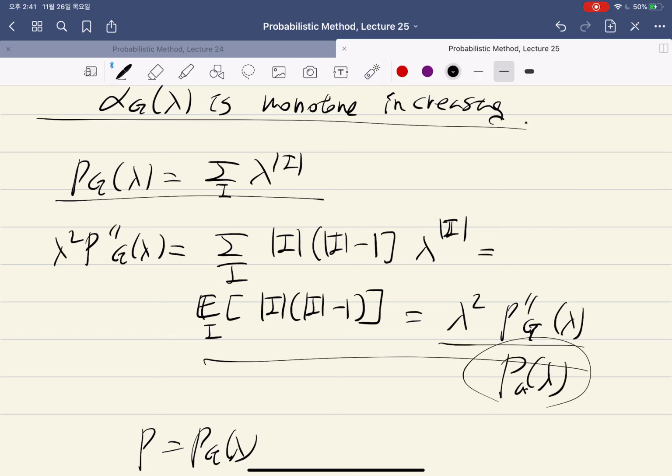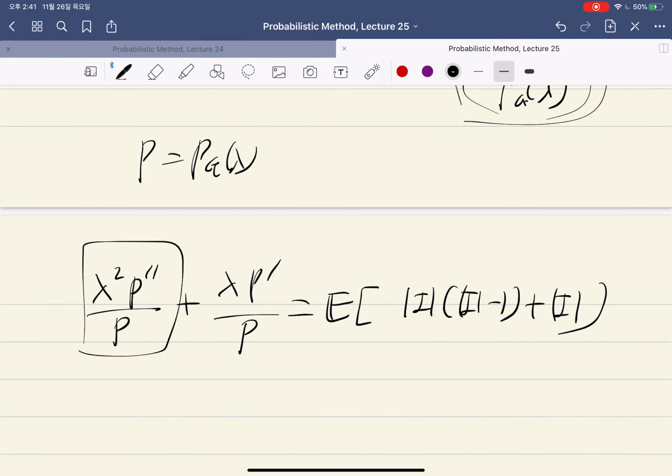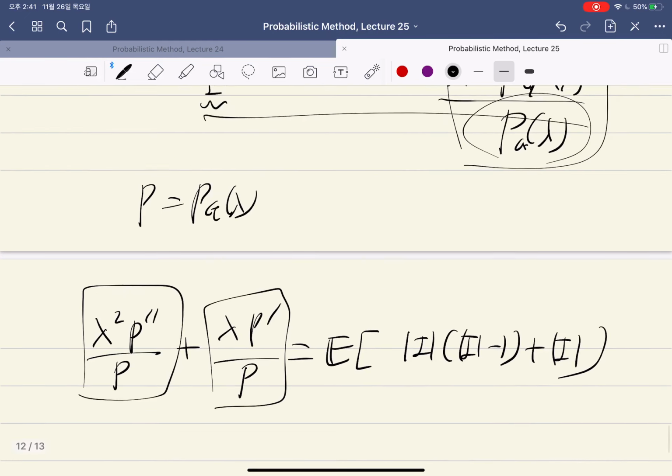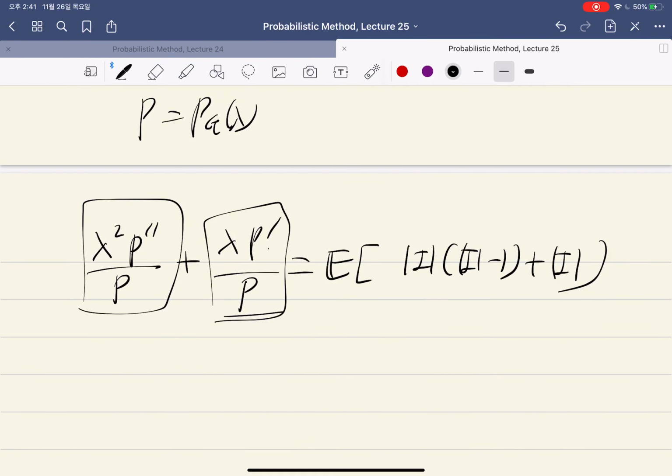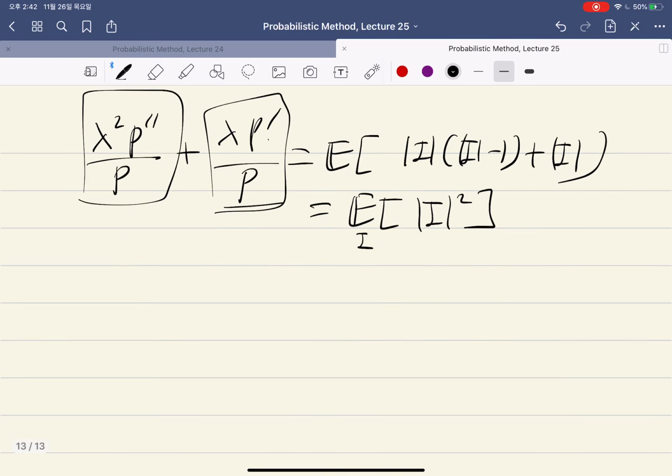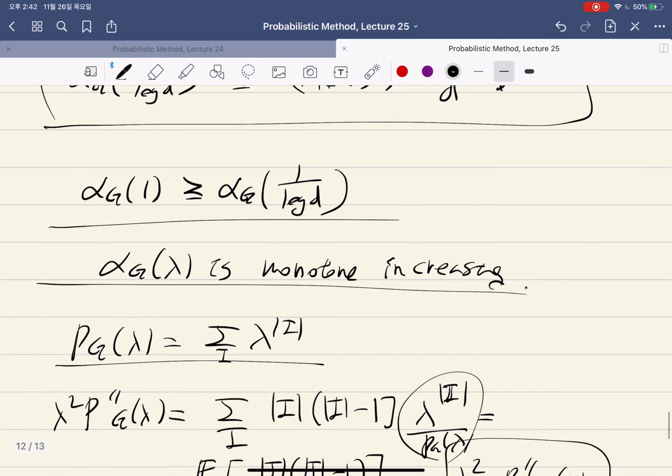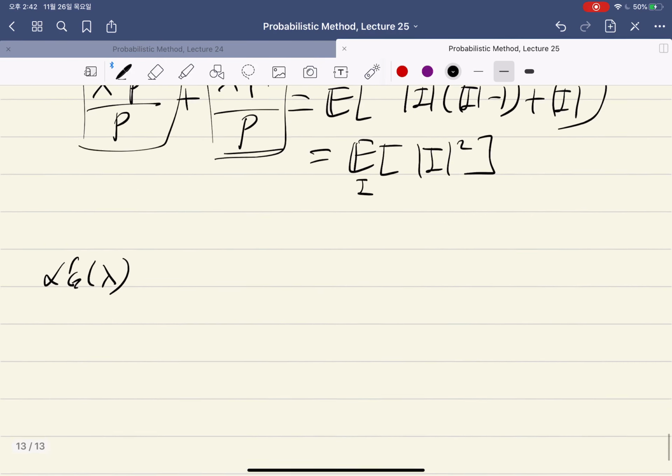You have to divide by it, because when you choose at random, the probability is this. So that's exactly this, right? And as we've seen before, the first derivative divided by p is this. So this is nothing but the expectation of I squared in this hardcore model.